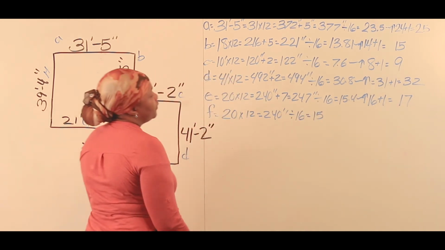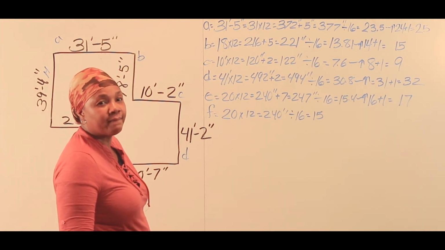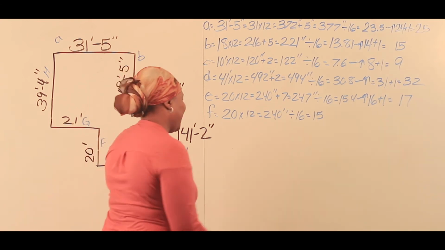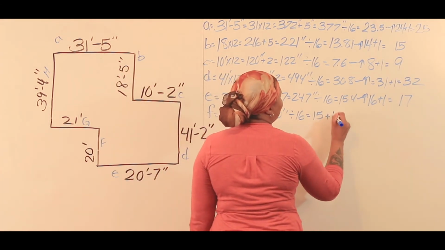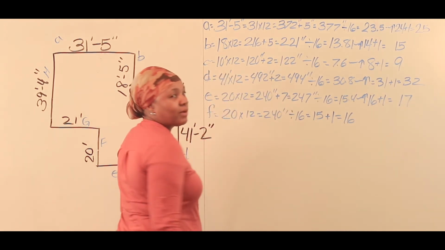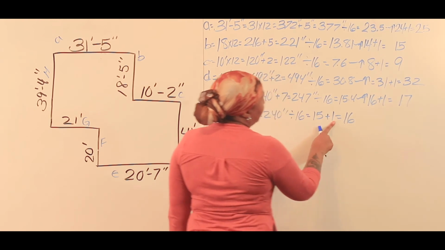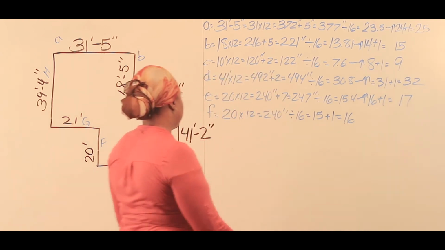So we just keep 15 studs, and then add the 1, 16 studs. We didn't need to round up because there was no decimal. We still have to add the starter stud, so now we need 16 studs there.